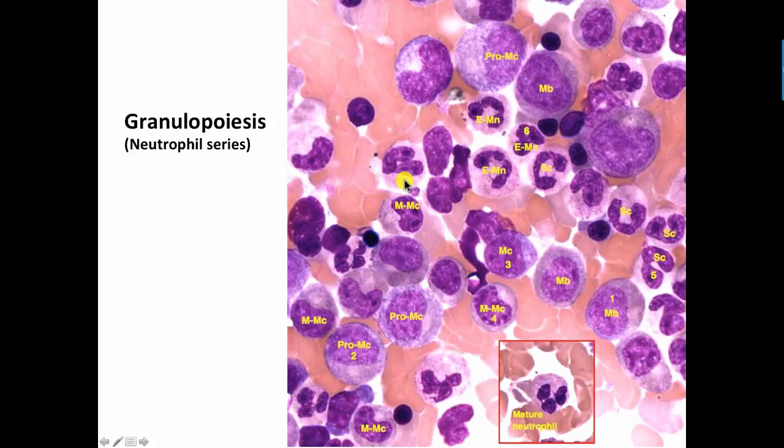The first recognizable stage in the neutrophil series is the myeloblast, and in the myeloblast stage the nucleus is rounded or slightly bean-shaped.